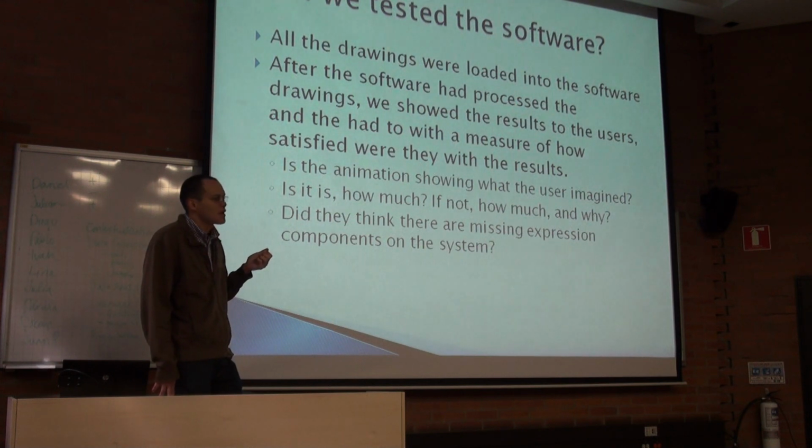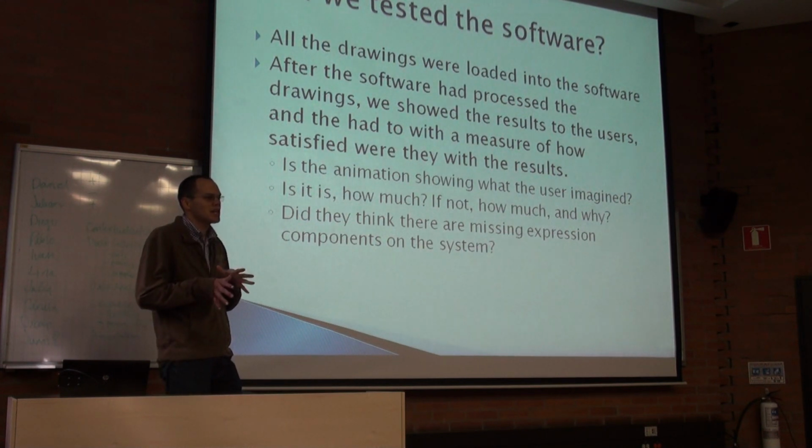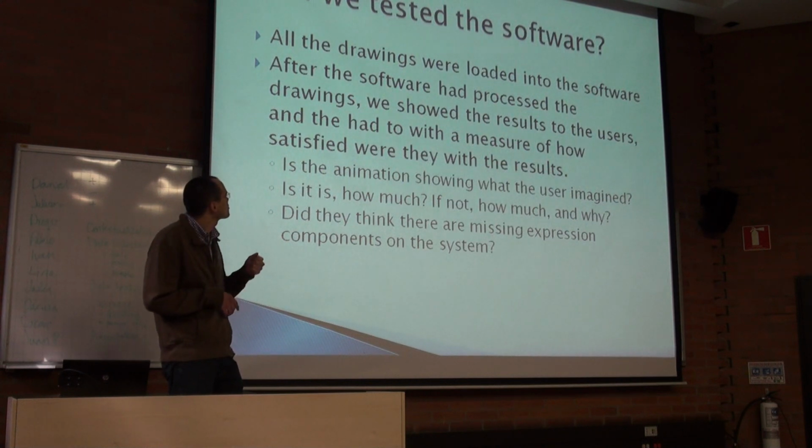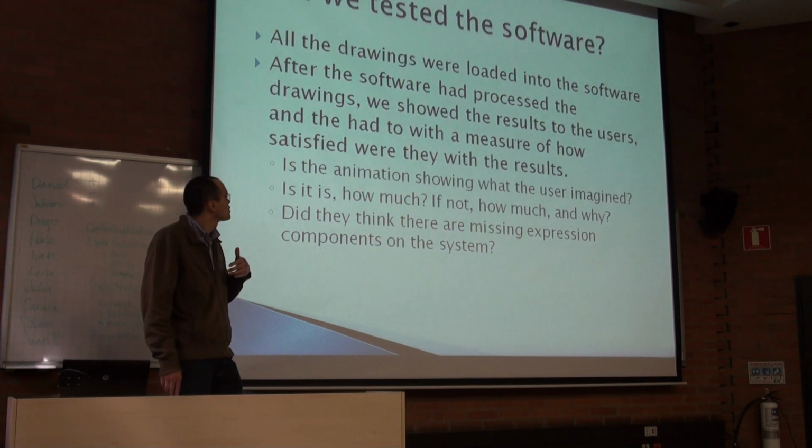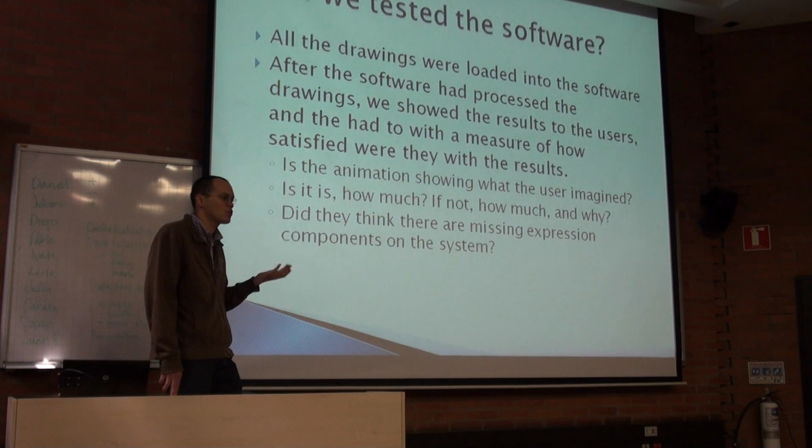After the system had generated the animations, we showed the users and asked if they were satisfied with their results. For example, is the animation showing what the user wanted to say? If it does, then how much, so how good is the system interpreting the user's intention?